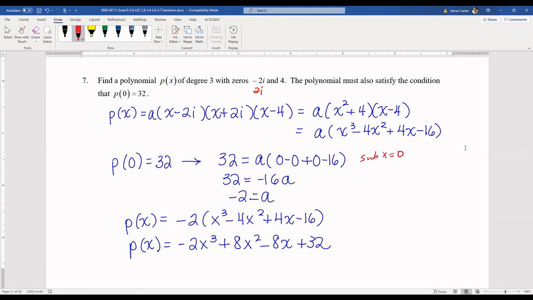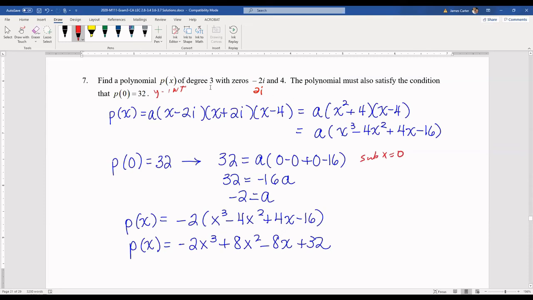So this is the y-intercept. They tell us it has to be 32 when we're done.